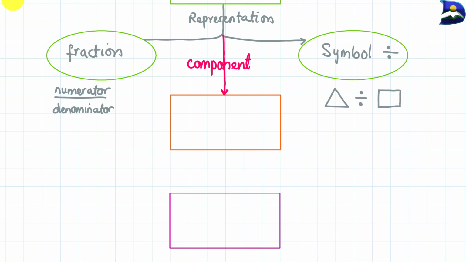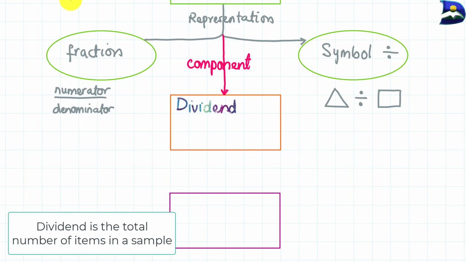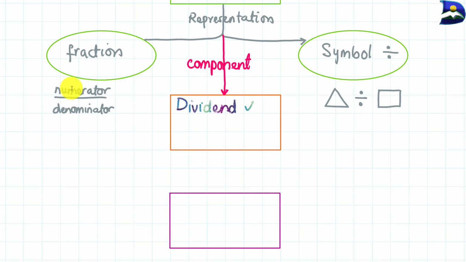One is the use of a particular term which is known as the dividend, and this dividend is usually expressed in terms of fraction as the numerator, or in terms of symbol as the first number before the division sign, and this is represented as the triangle, while the other one is represented as what?